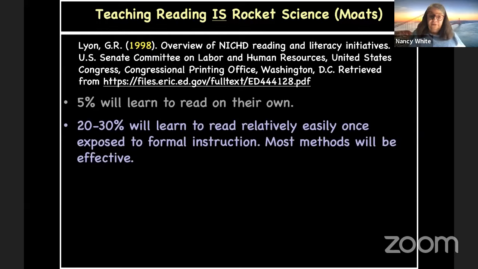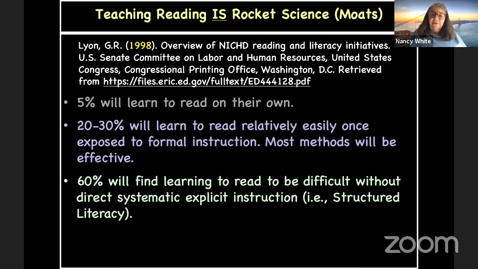20 to 30% will learn to read relatively easily once exposed to formal instruction, and it really doesn't matter so much what that will be. If you think about the National Assessment of Educational Progress, that's about the 30% that are proficient. 60% will find learning to read to be difficult without direct, systematic, explicit instruction, an example being structured literacy.